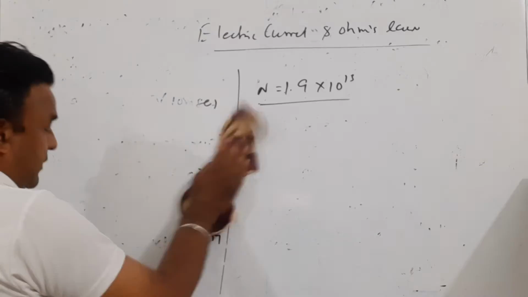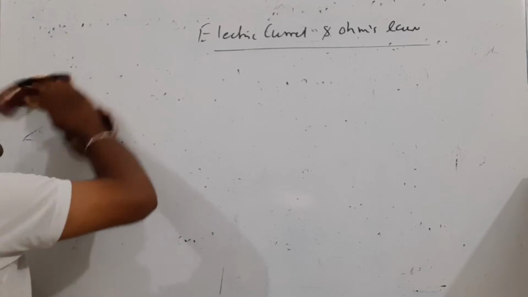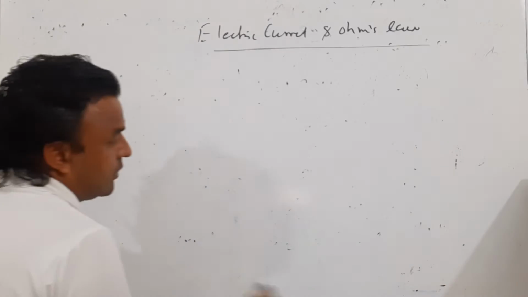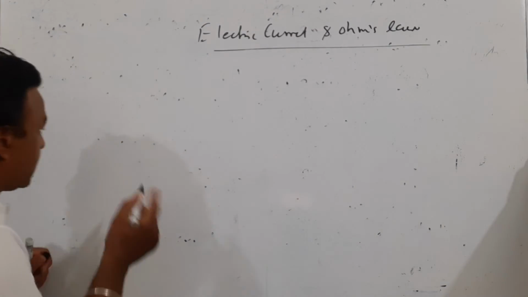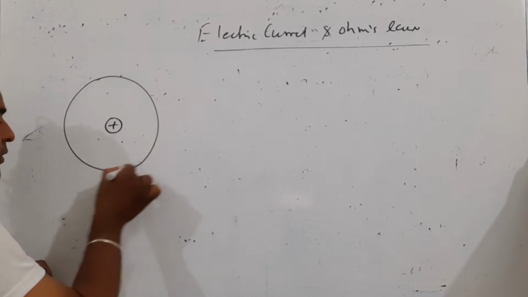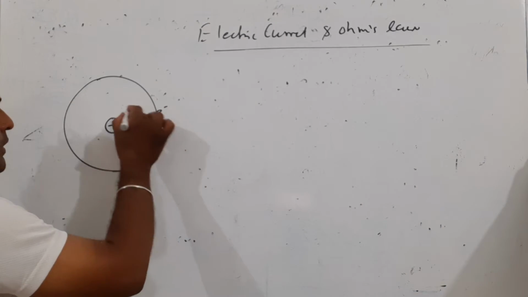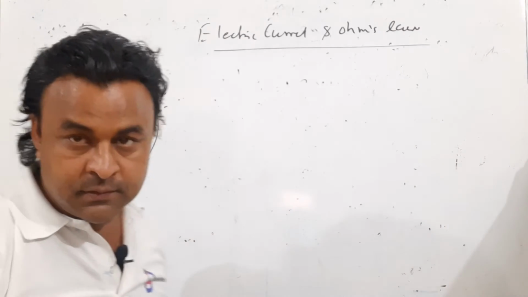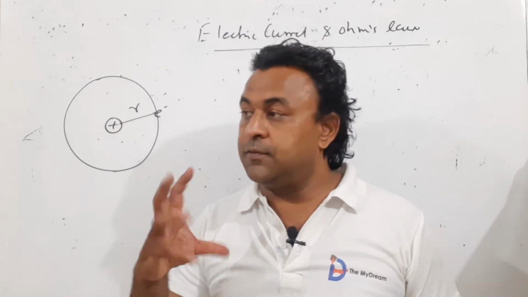I take another example as a good example. In chemistry, you may have studied that an electron revolves around the nucleus. Suppose this is the nucleus and an electron is revolving around it, and the path has radius r. The revolving electron forms a current.